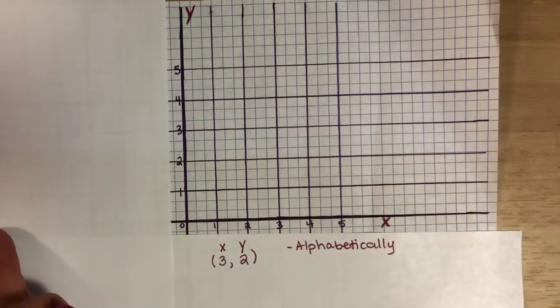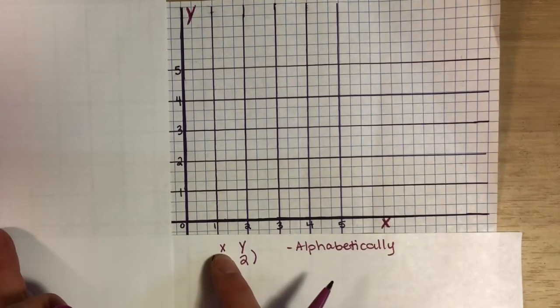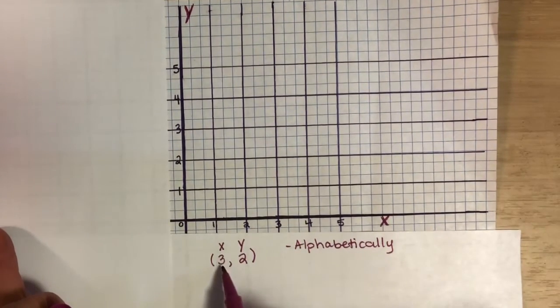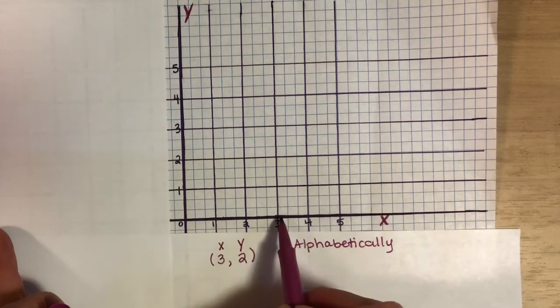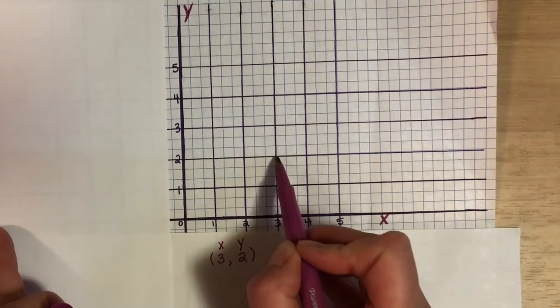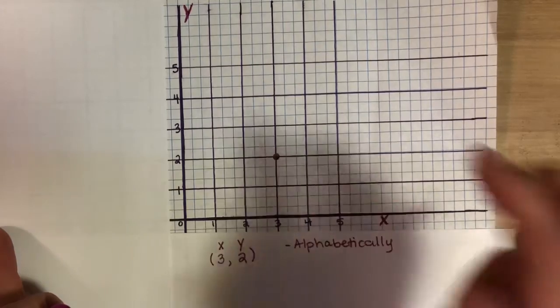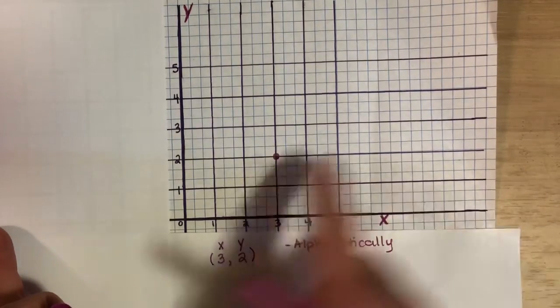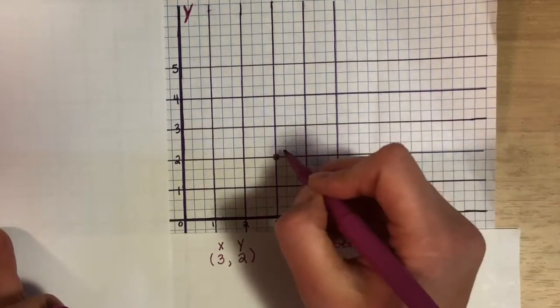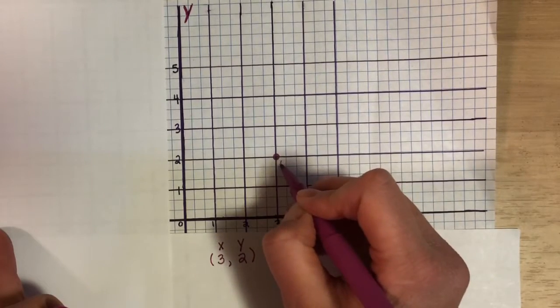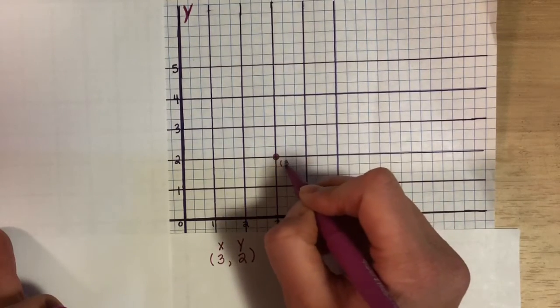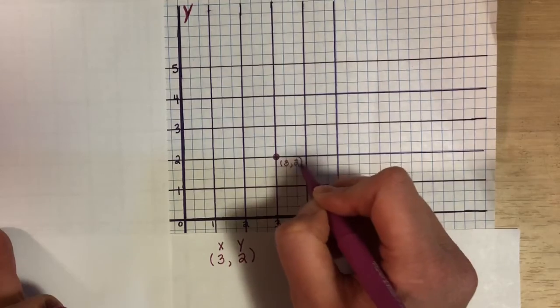X comes before y, so that means that I have to do my x first. That means that I have to come over 3 first, then I go up 2, and right where those two lines cross, I put a dot, and that is my point. So that is, I'm going to write it right next to it, that is 3, 2.